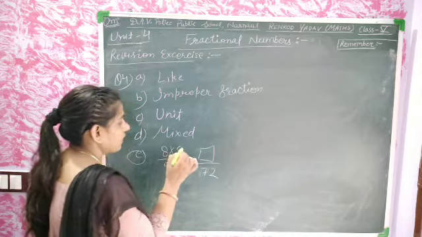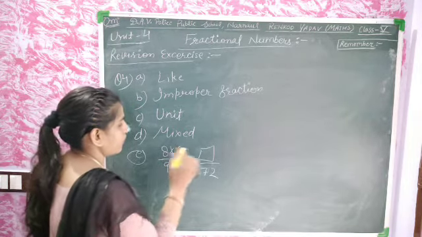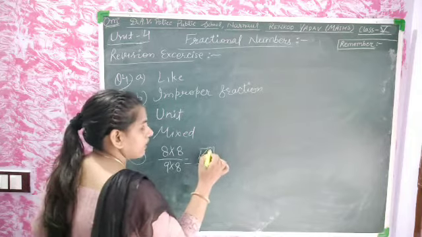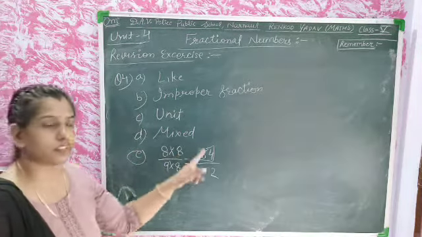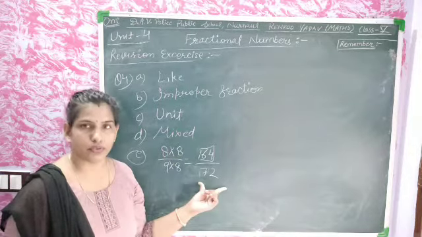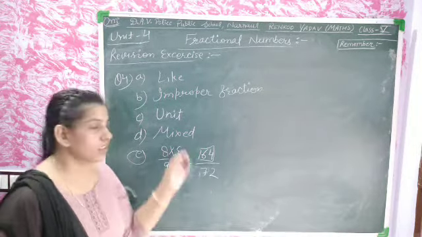It means for the equivalent fraction, we have to multiply it as 8. 8 8s are 64. This will become 64 divided by 72. Is this clear to all students? Yes. Okay. This is the last question here.